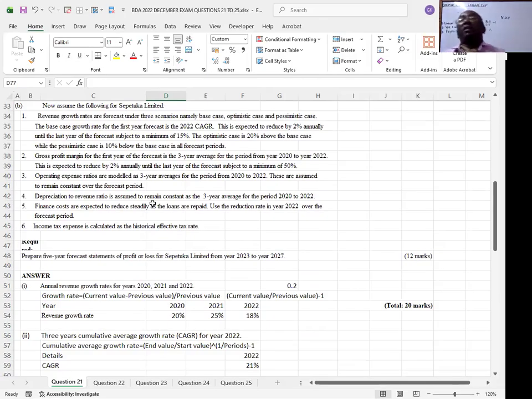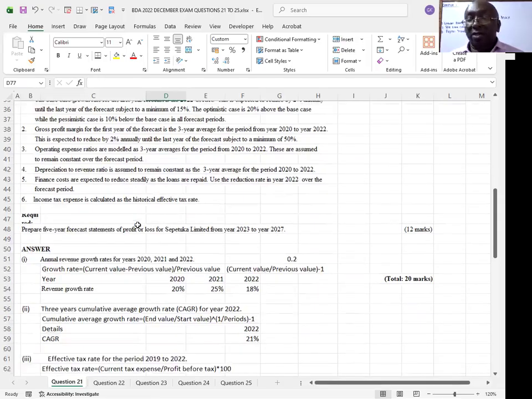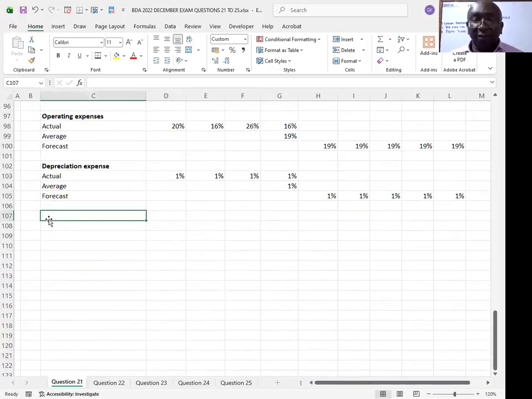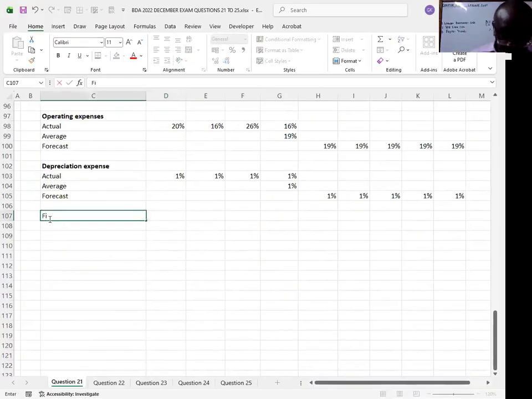So the reduction rate is the opposite of growth rate, so we shall just compute it as growth rate. The only difference now is that growth inakuanga positive and reduction inakuwa negative.